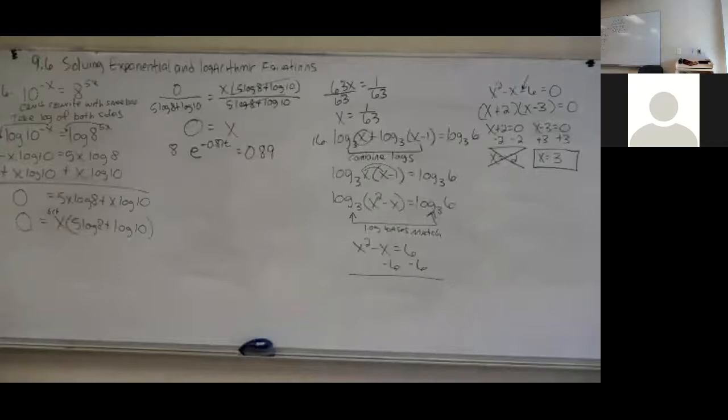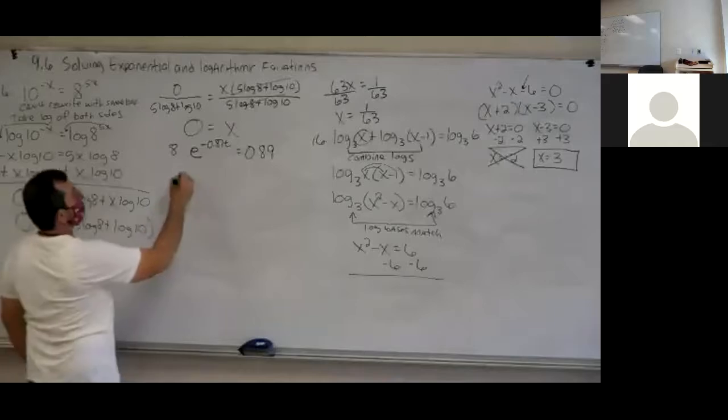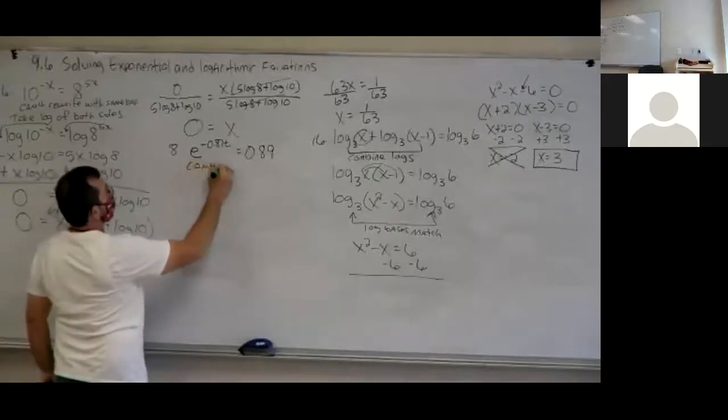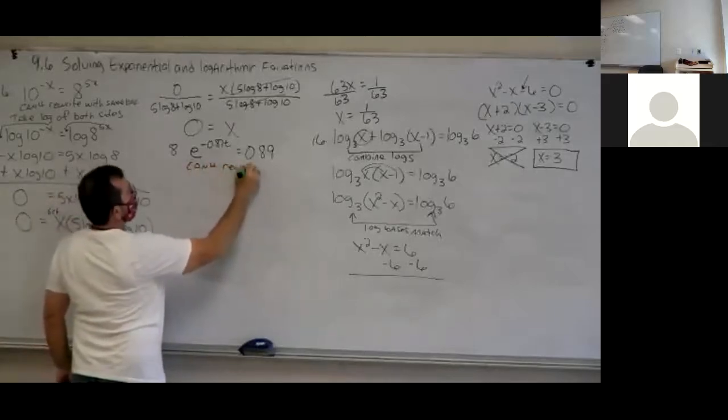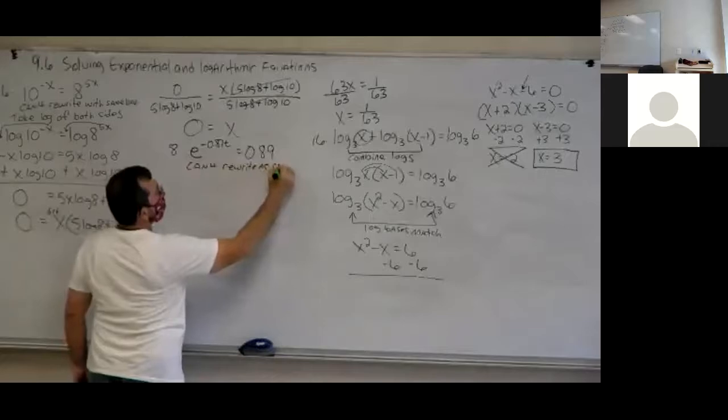I'm not going to try to rewrite that 0.89 using the e. I don't even know if it's possible. So, can't rewrite. And same basis.